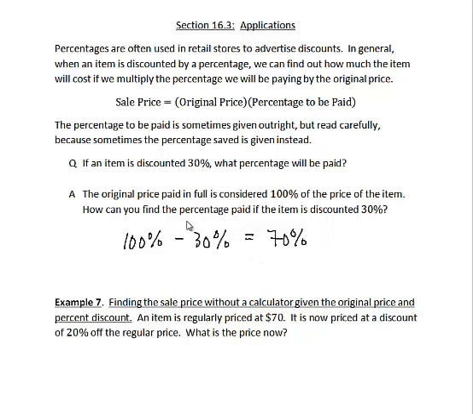So we knew the discount, but the discount percentage is not included in this formula that we're giving you. So we have to take 100%, subtract the discount, and use this 70% in the place of percentage to be paid. So let's look at example 7.